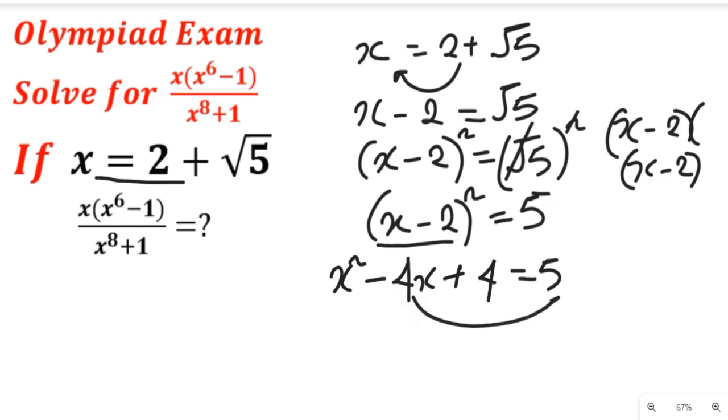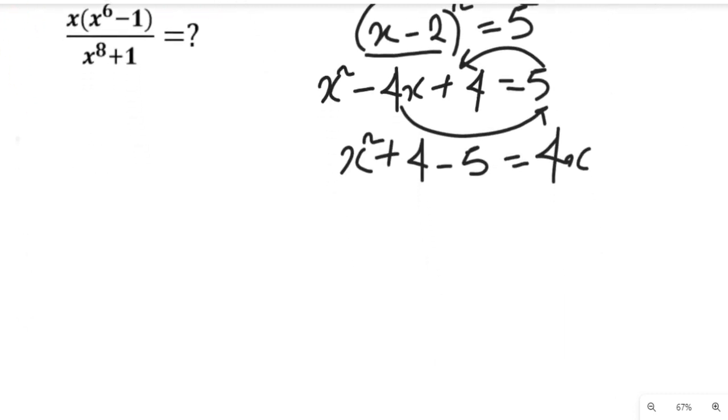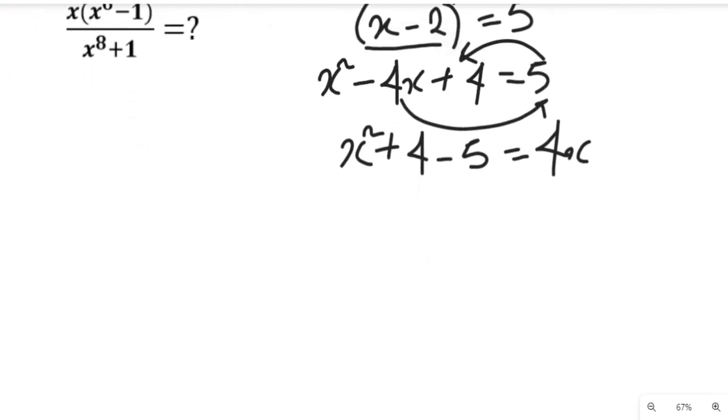So we'll take this over here and then bring our 5 here. If we do that, we'll have x squared plus 4 minus 5, and that will be equal to 4x. From that expression, we are going to arrive at x squared minus 1 equal to 4x.